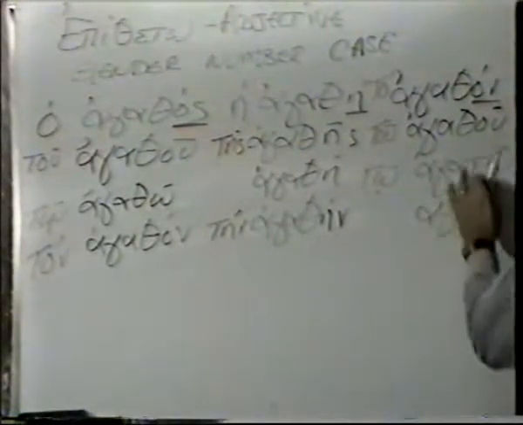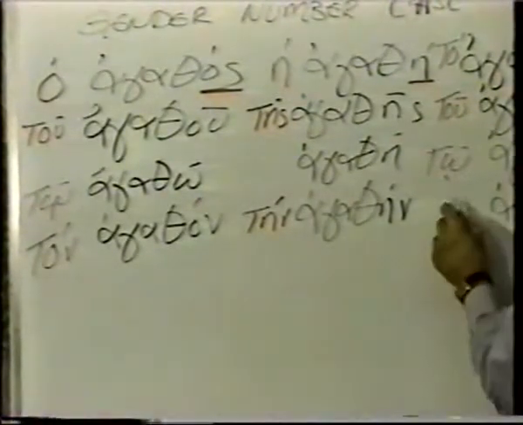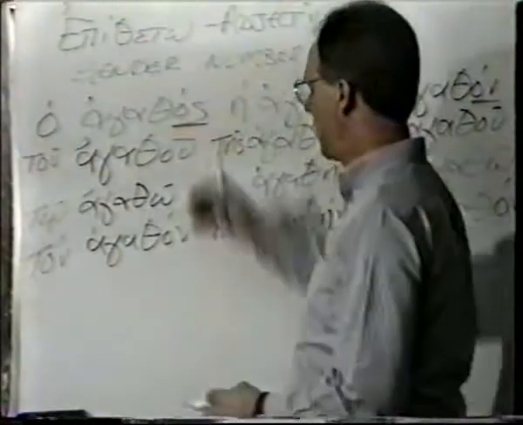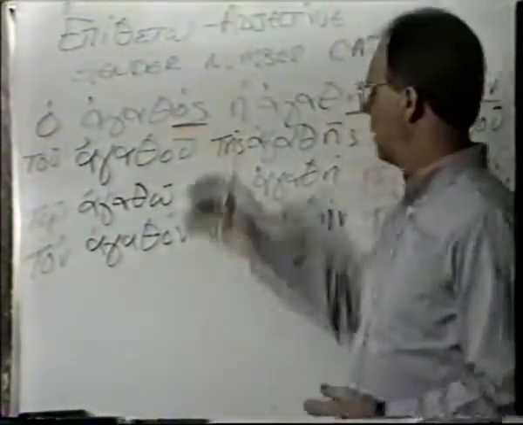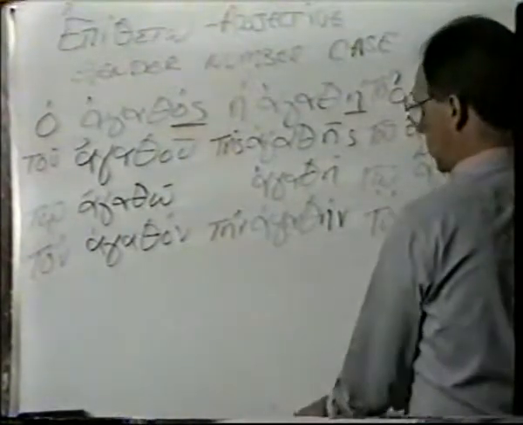Here, we have agathon, that should be to agathon, the article again duplicates itself from the nominative. So these are all the singular forms of the adjective agathos, agathi, agathon.